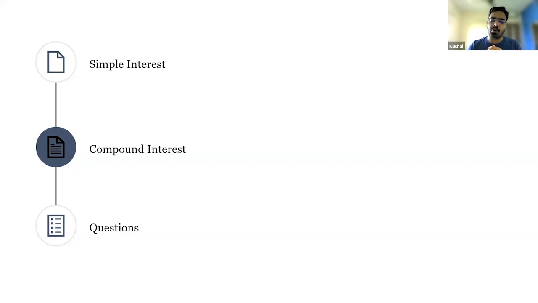Okay, so let's move on and understand simple interest first of all. Even before we move on to the concept of simple interest, we need to understand what we mean by interest. Suppose I come to you and say, can you lend me 20,000 rupees, back at the end of 3 years?